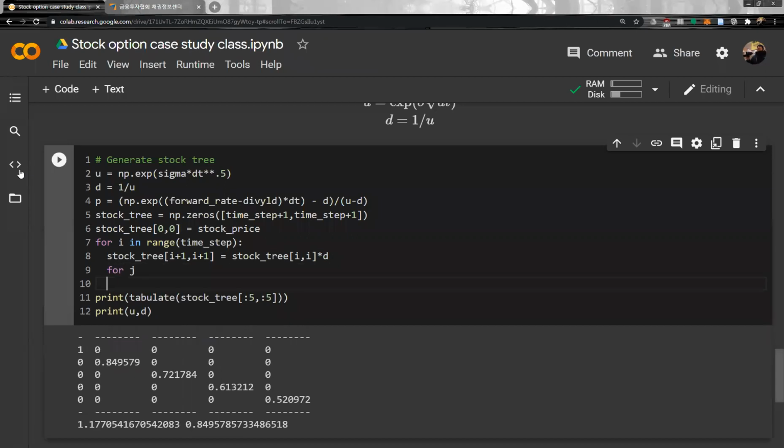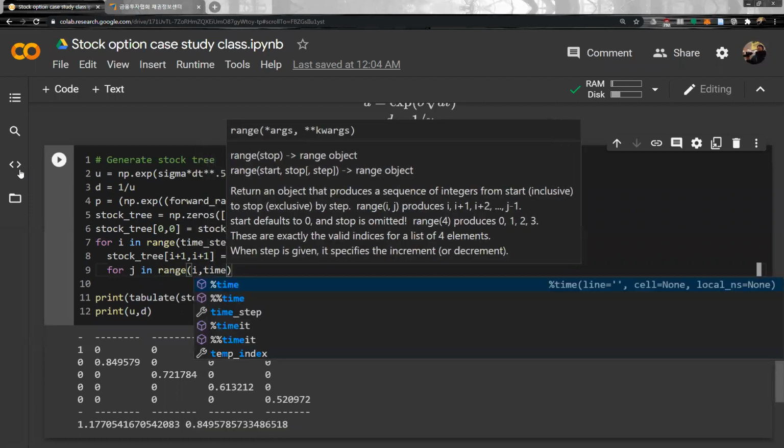Now for J, the second subscript, it should start from I, and then go to the end of time step.